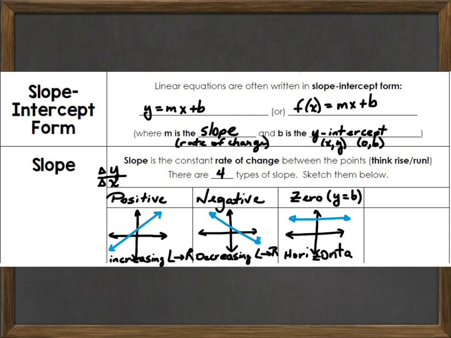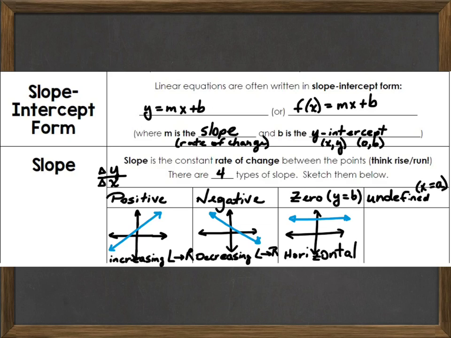Some of you have problems remembering what horizontal and vertical mean, so this is a good time to get that straight and to learn to memorize that. And the last slope is undefined. Sometimes they'll say it's no slope, but that's a little bit confusing because we also talked about zero slope. So, undefined. And that's x equals some number.